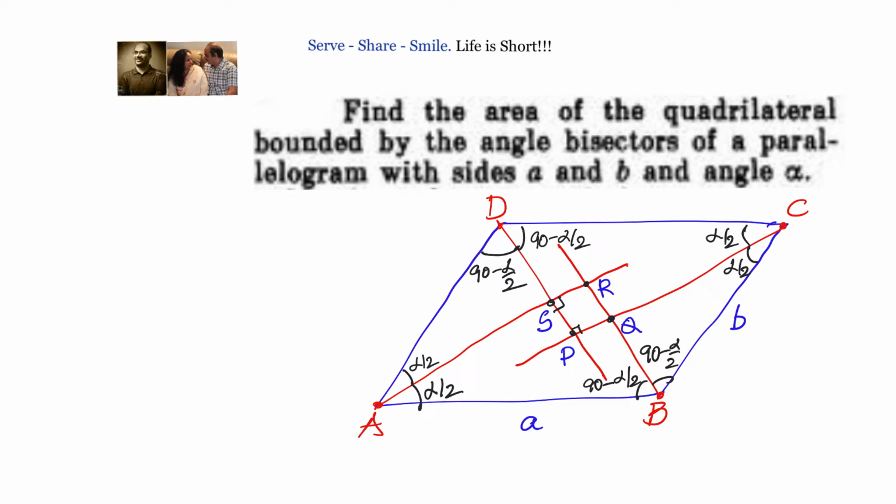So we can straightforwardly say that PQRS is a rectangle because all the angles are equal to 90 degrees.